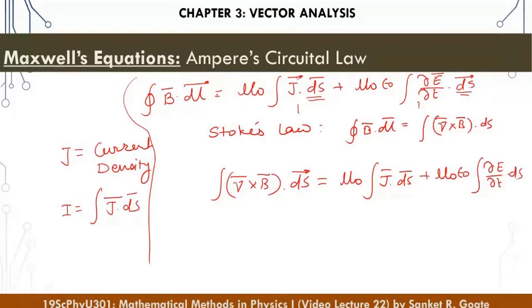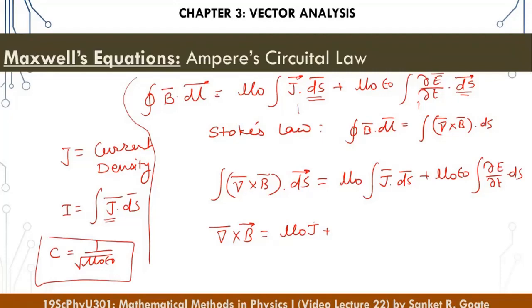Since all of them are integrated over the surface, we can write del cross B is equal to mu 0 J, where J is the current density, plus mu 0 epsilon 0 dou E by dou t. Speed of light in vacuum C is given by 1 by root of mu 0 epsilon 0, and therefore mu 0 epsilon 0 is nothing but 1 by C square.